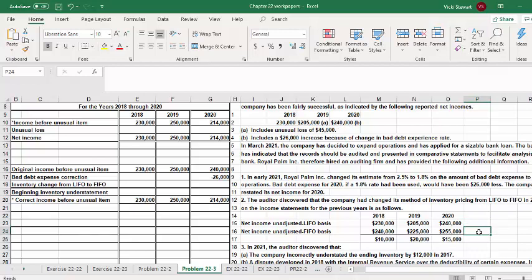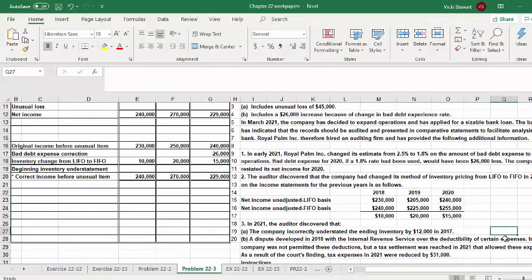But we know that if we had used FIFO, the net income would have been higher in each of those 3 years. So to report it correctly using retrospective treatment, we would have to increase net income for each of these years by the difference, the $10,000 in 18, $20,000 in 19, and $15,000 in 2020.